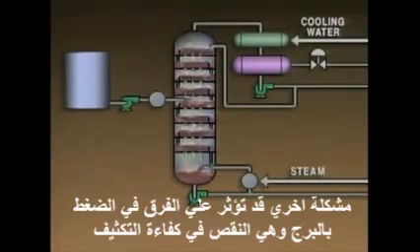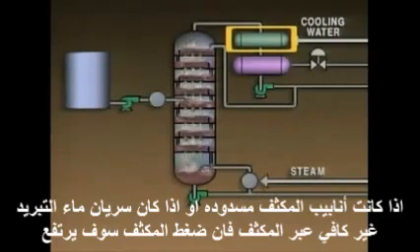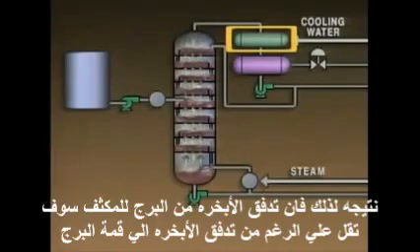Another problem that may affect the tower's differential pressure is a decrease in condenser efficiency. If the condenser's tubes are plugged or there's not enough cooling water flowing through the condenser, its pressure will increase. As a result, the flow of vapors from the tower to the condenser will decrease, and so will the vapor flow up the tower.